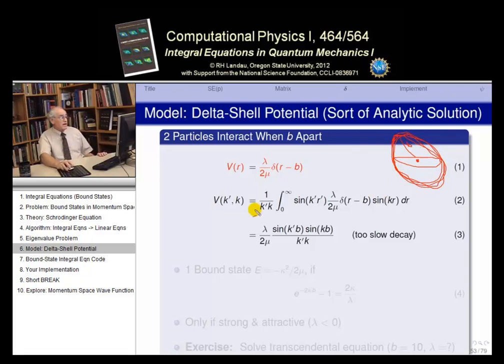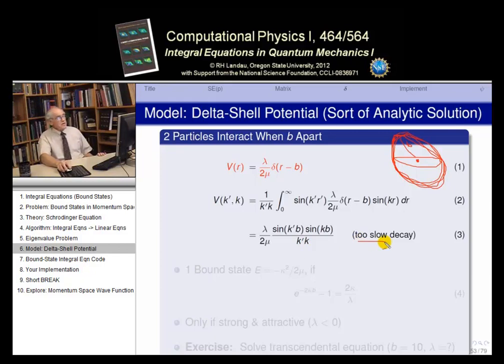and it also has a nice feature that if this is the potential, it's local in coordinate space, it doesn't have an r prime. So when we evaluate this integral to find the momentum space representation, we find that it's just sine kb sine k prime b over k k prime. So that's its momentum representation. It looks good, but it says here too slow to decay.